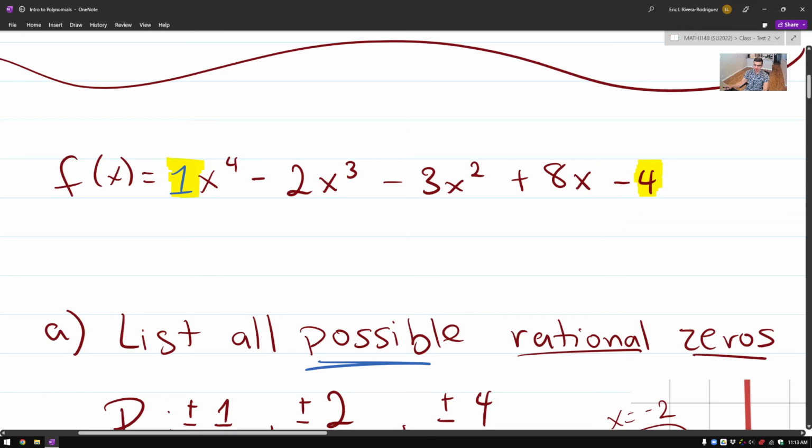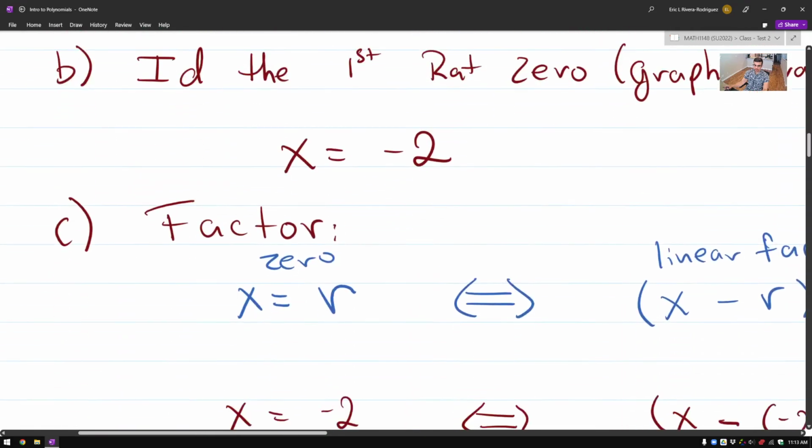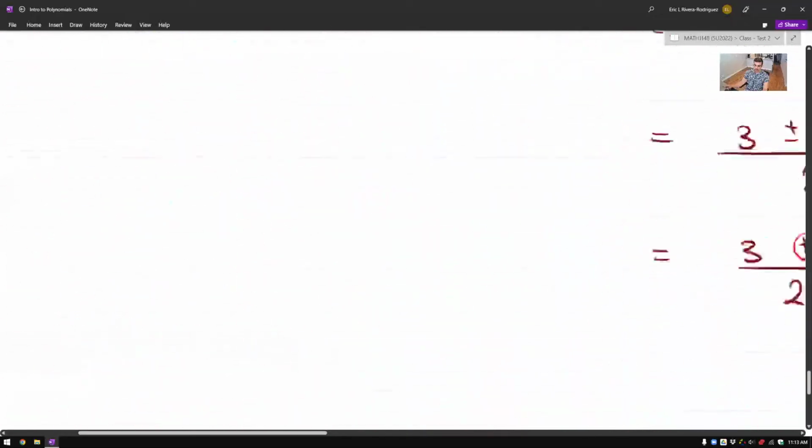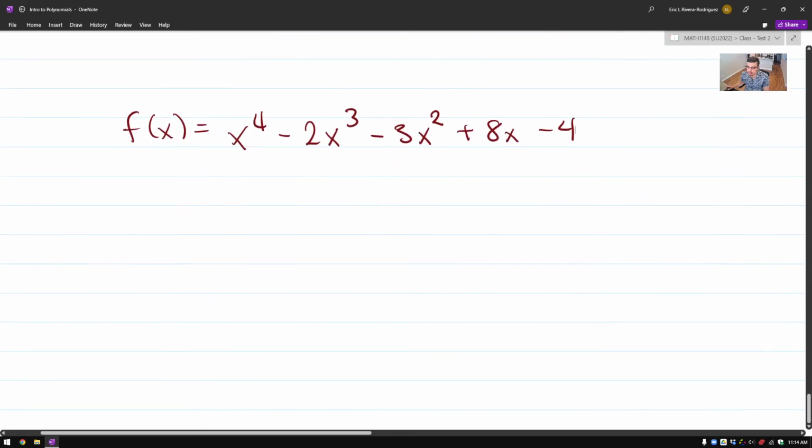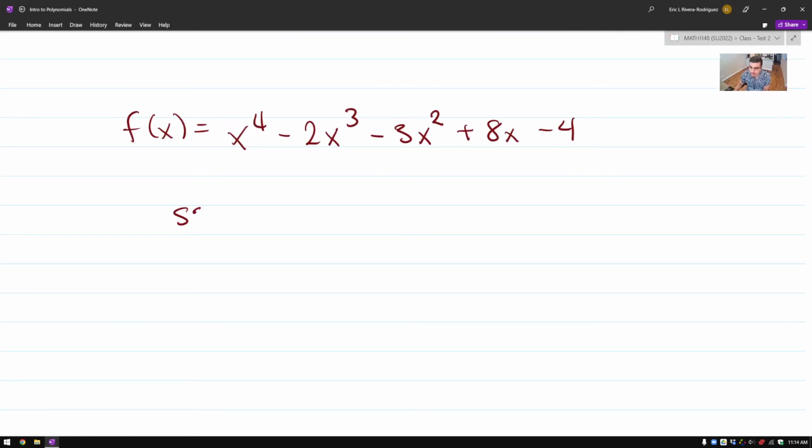Going through all these steps, let me go back, down, down. The polynomial that we started working with was of degree 4, and what we wanted is to go from the standard form to the factor form.